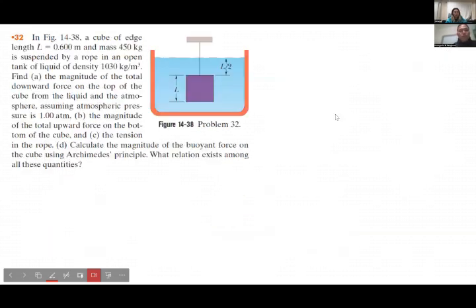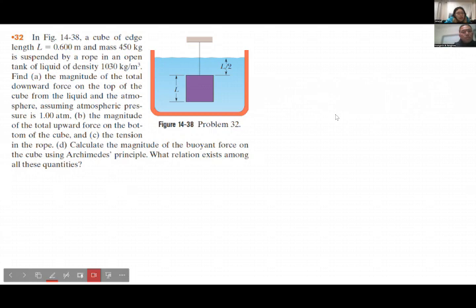Okay, 32. Can you read this problem? In figure 14-38, a cube of edge length L is 0.6 meters and mass 450 kilograms is suspended by a rope in an open tank of liquid of density 1030 kilograms per meter cubed.